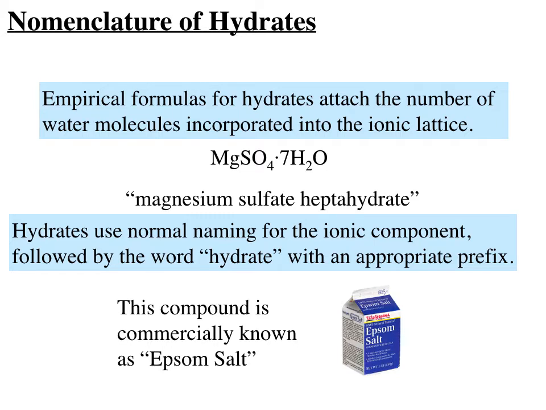And what you'll see here is that what we're stating is that for every one magnesium sulfate cation-anion connection in the ionic lattice, this is surrounded and incorporated by 7 water molecules per unit of MgSO4.